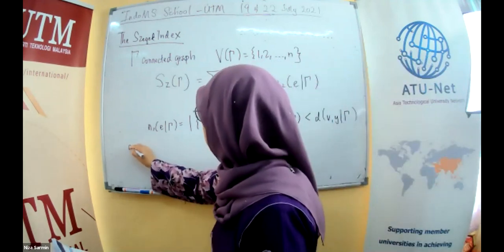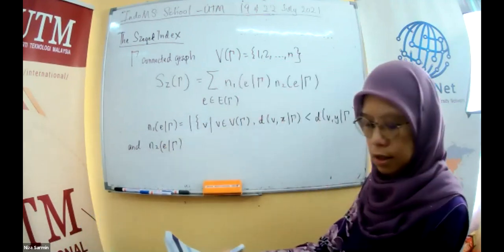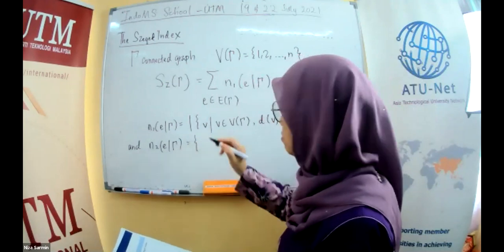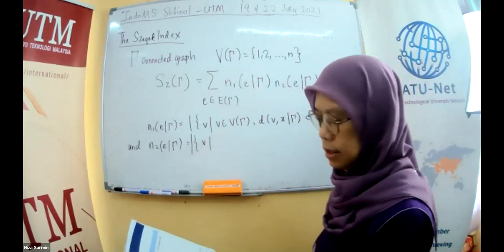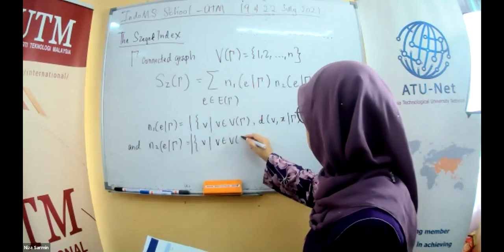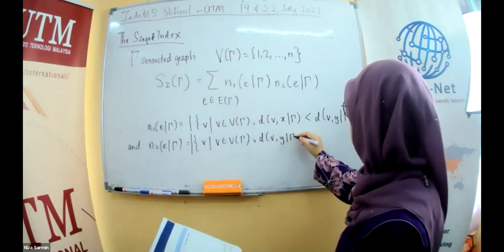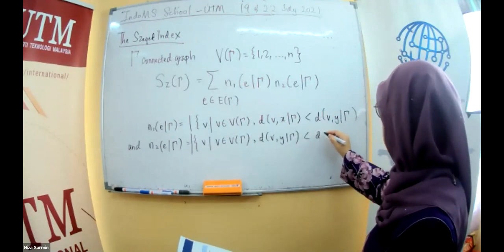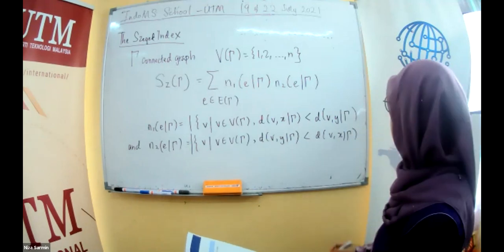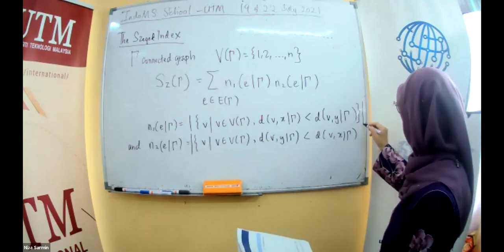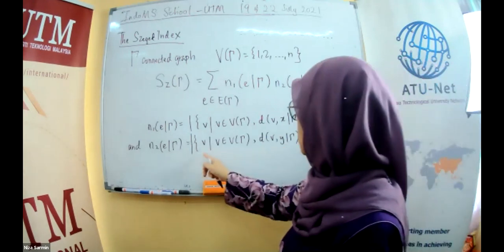Let me write first. n2(e|gamma) is equal to the number of vertices in the set of vertices v where the distance from v to y is less than the distance to x.